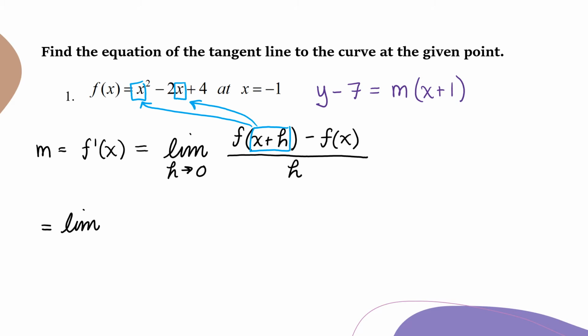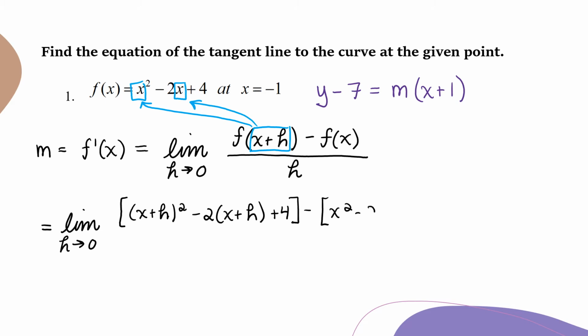So this will be the limit as h approaches 0 of x plus h squared minus 2 times x plus h plus 4 minus f of x, so minus x squared minus 2x plus 4, all over h.